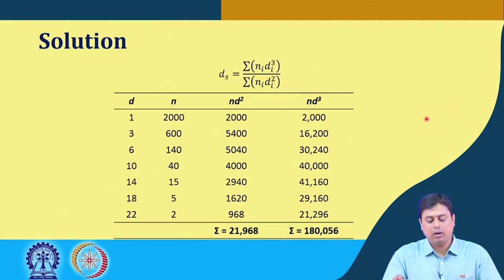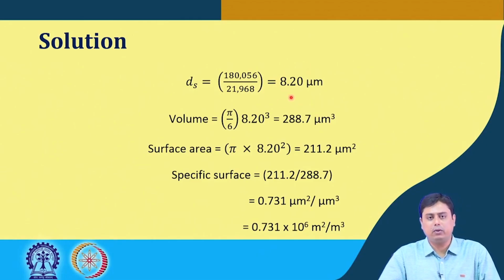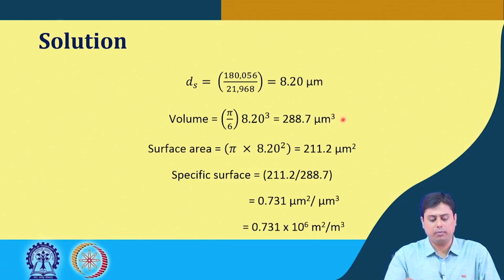So if you now consider that this 8.2 micron is the diameter of a spherical particle, and then subsequently we calculate its specific surface area, the volume of a spherical particle having this diameter is 288.7 cubic micron.